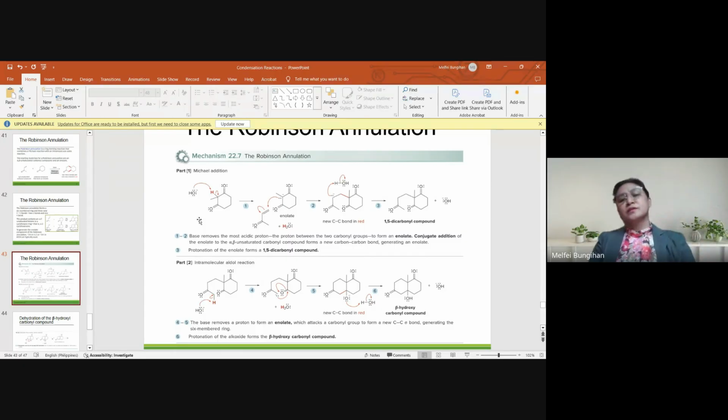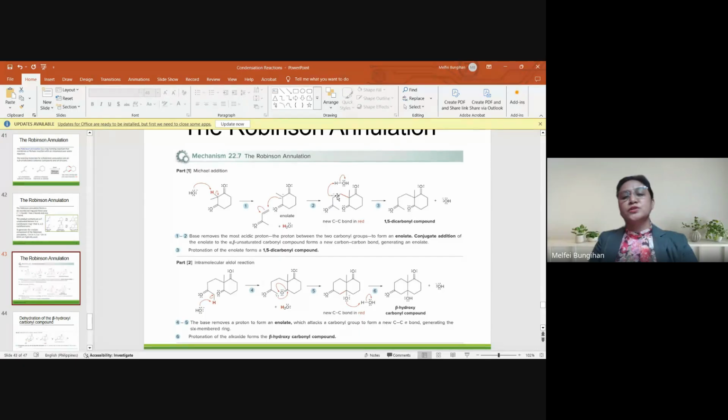Okay. So in your Michael addition, you form your enolate plus your alpha, beta unsaturated ketone, forming your new carbon-carbon bond.